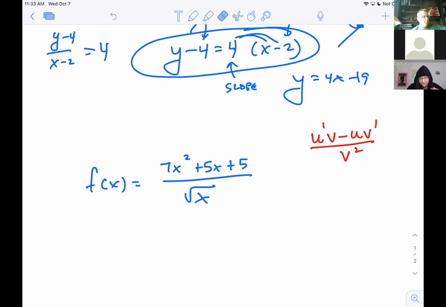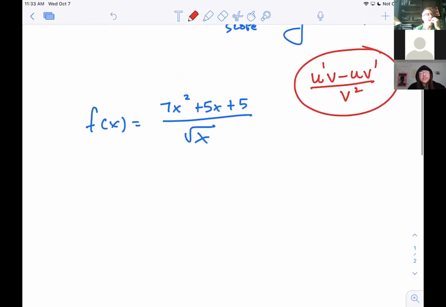Well, I guess I didn't show my work. Okay, let's do this problem from scratch. Tell me what I should do. I just reminded you over here what the quotient rule is, so you tell me what to write. Plus 5 times the square root of x.